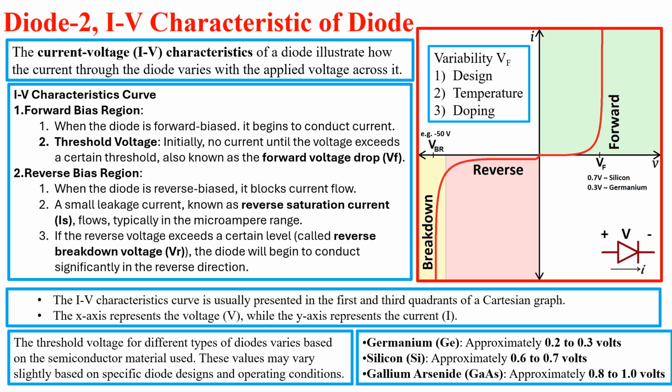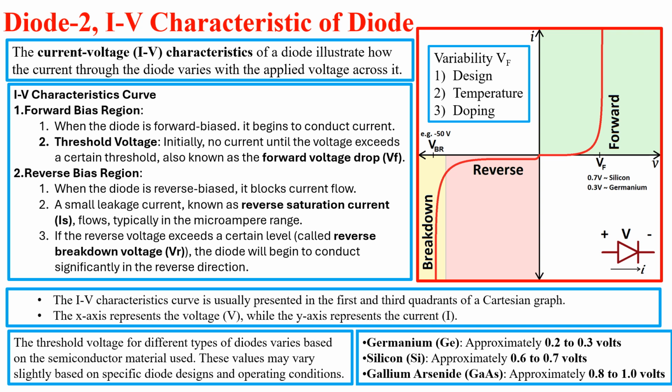The high forward voltage drop compared to silicon and germanium makes them less common for standard rectification devices, but advantageous in optoelectronic devices like LEDs and lasers due to the direct nature of the energy band gap. Gallium arsenide diodes are often used in high speed and high frequency applications due to their ability to operate effectively at higher speeds.